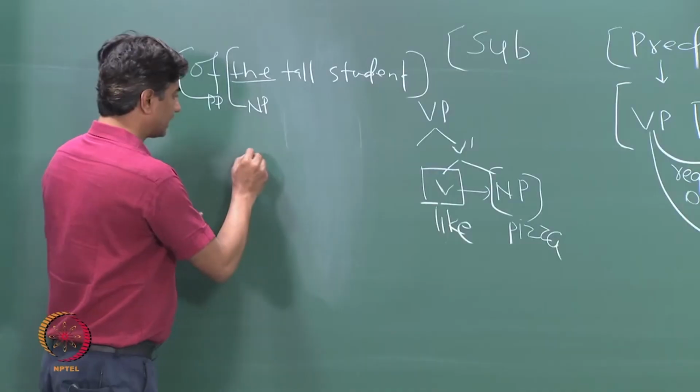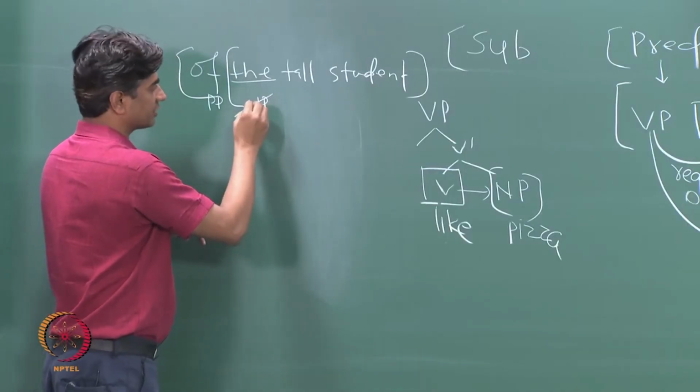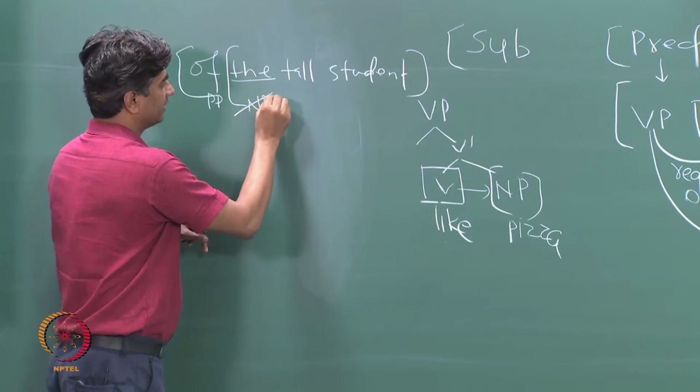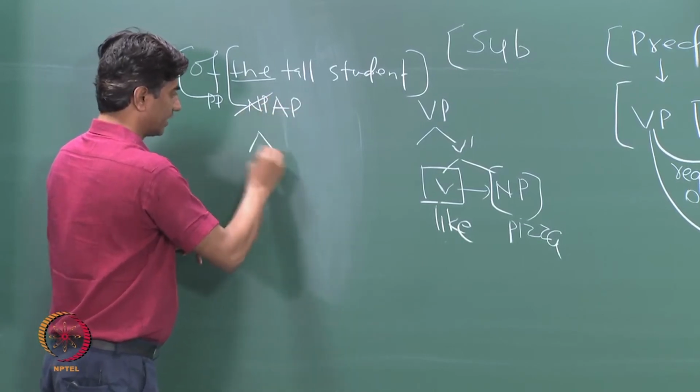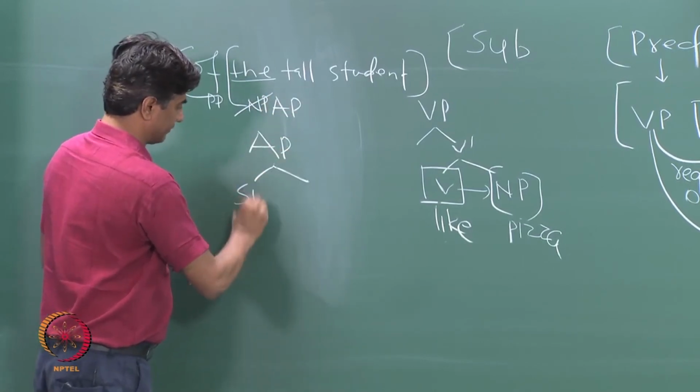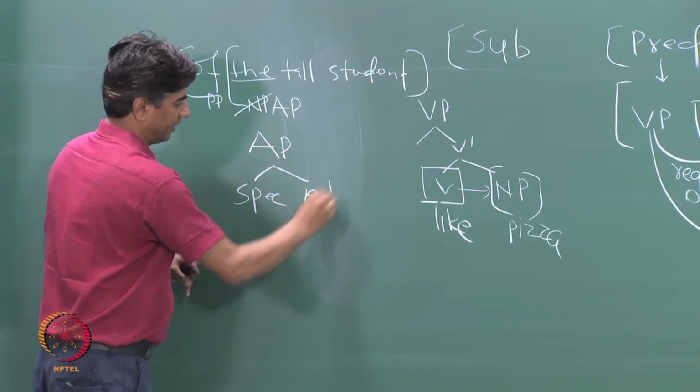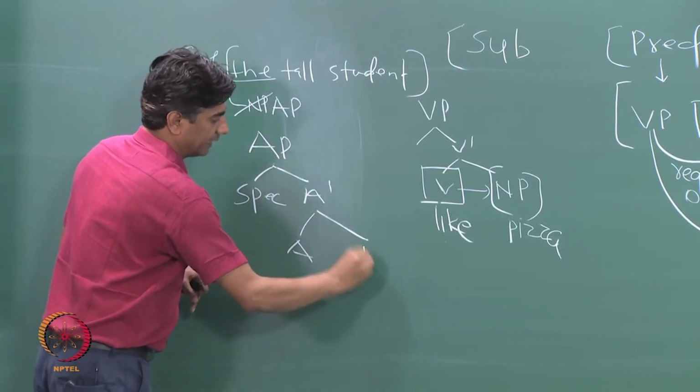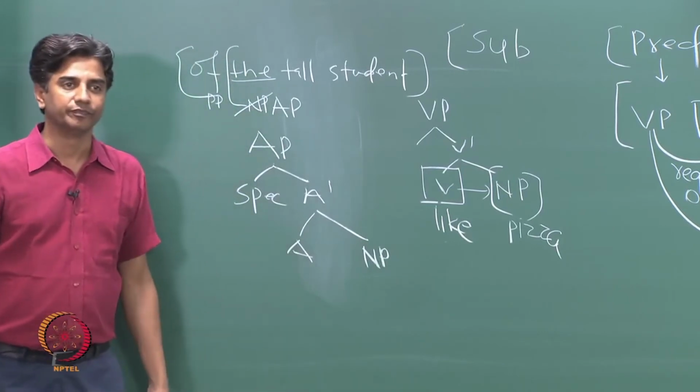Here, we categorically know that this is not an NP, this is an adjective phrase where we have a specifier, A-bar, and an NP as the complement.